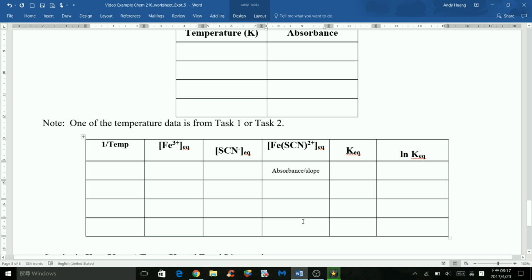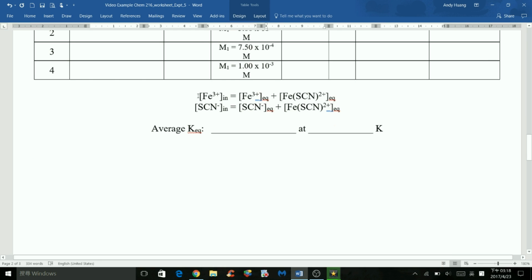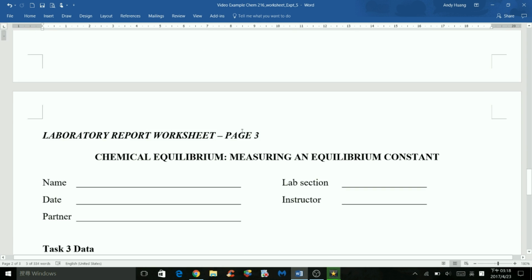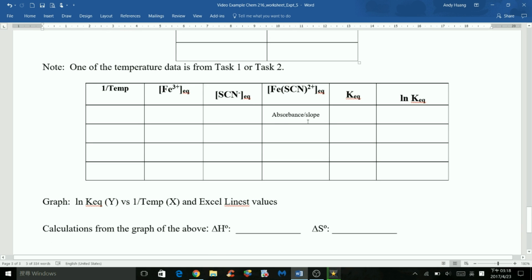So make sure you find the concentration here, and for the equilibrium concentration of iron 3 plus and thiocyanate, use this equation again. You already have the concentration of iron 3 plus initially, and the thiocyanate solution initially recorded here, and you just solve for the equilibrium concentration of iron thiocyanate complex here.